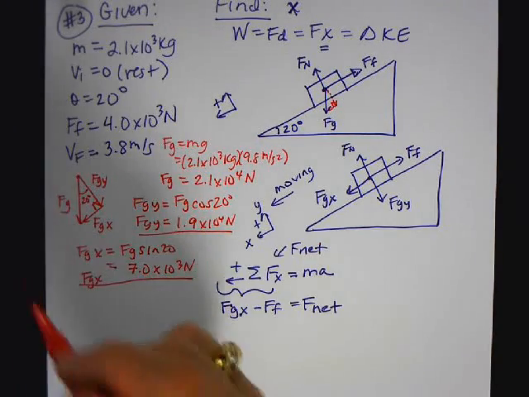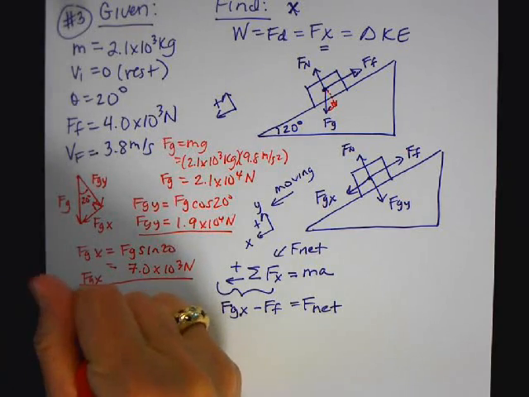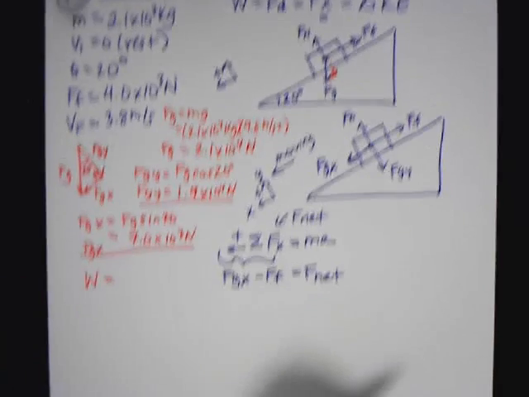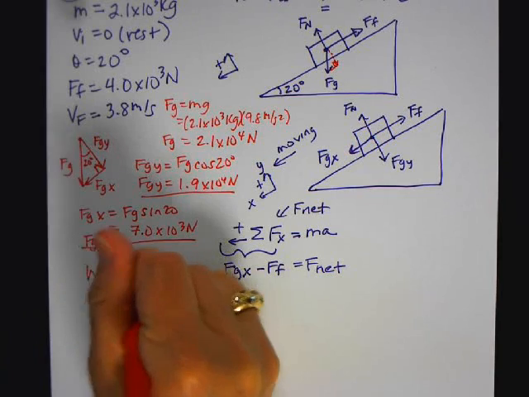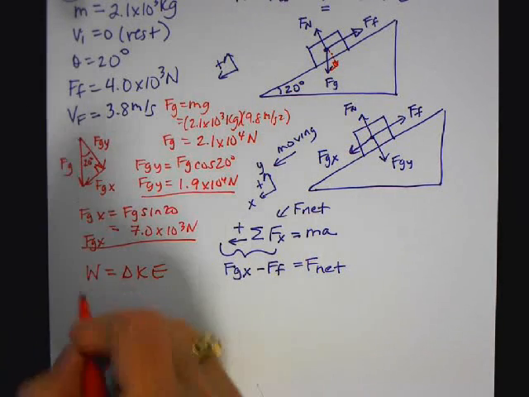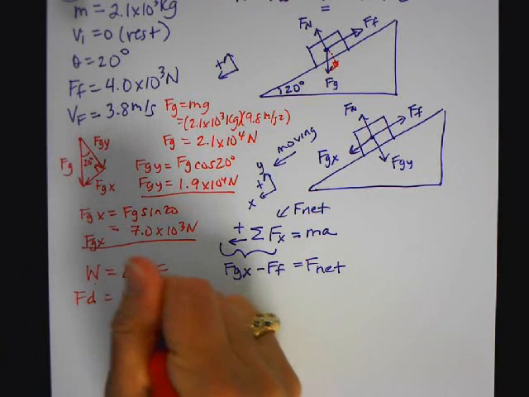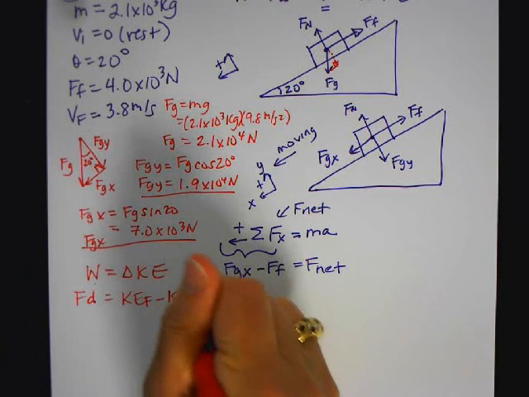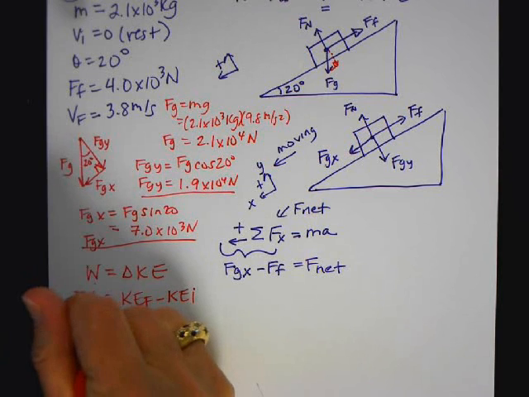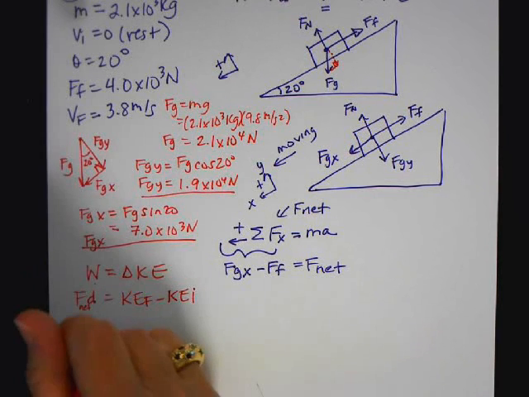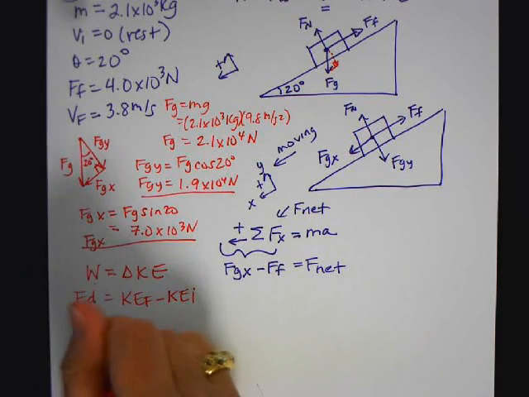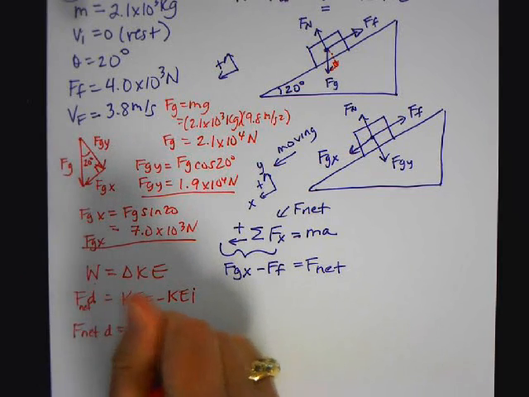And again, I know that work is equal to the change in the kinetic energy. Work is equal to FD, which would be KEF minus KEI. So this is my net force. So F net times D is equal to KEF.